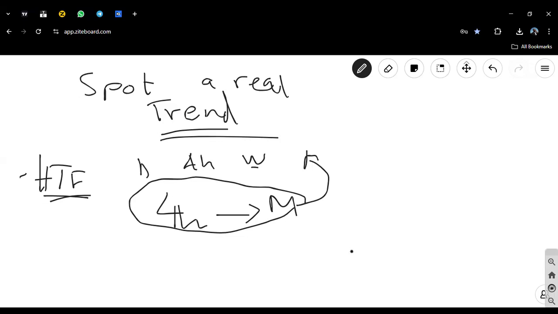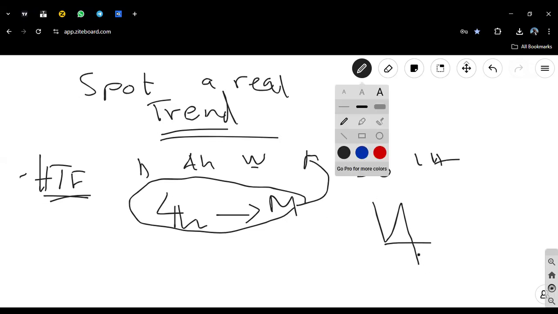Okay, you can find maybe daily time frame providing us a break of structure right here. Okay, but when you go to maybe 30 minutes or 1 hour, you can find that break of structure created maybe an uptrend like this.